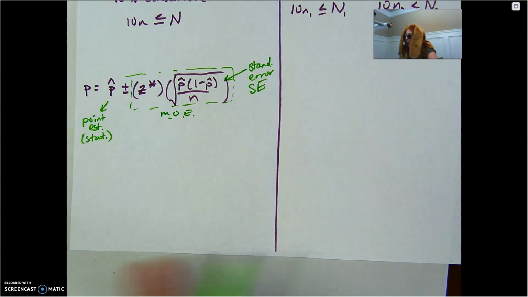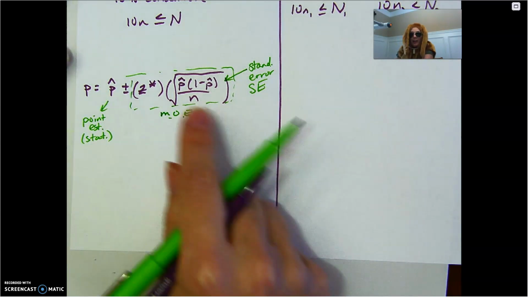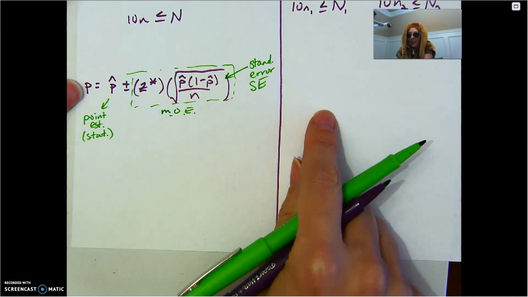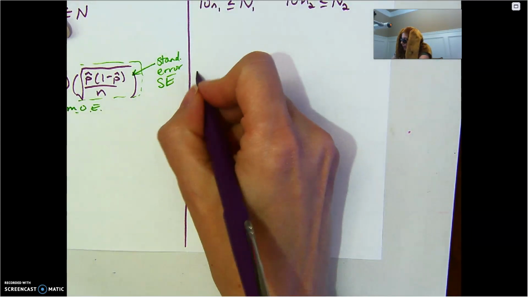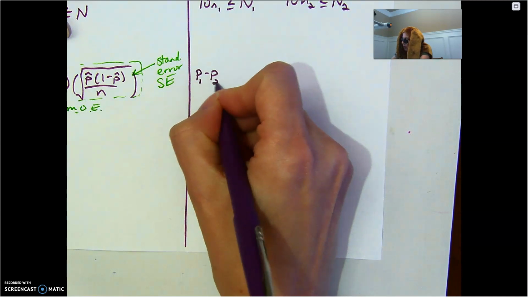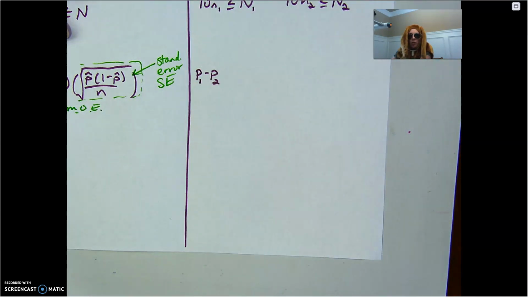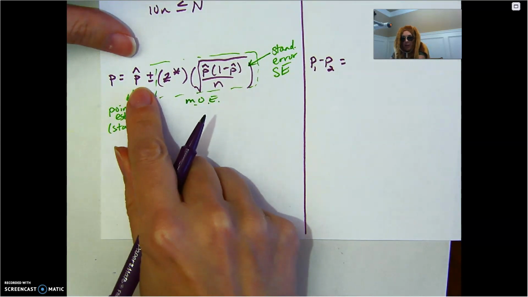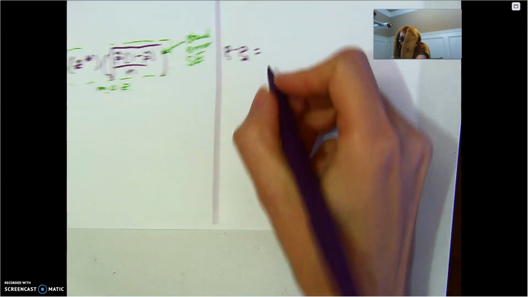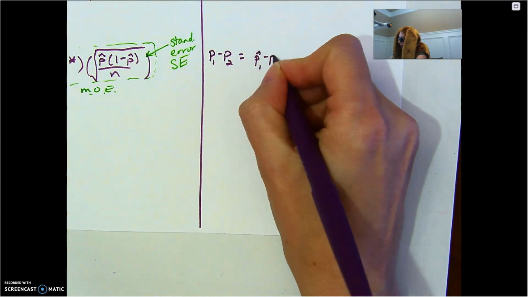So what does the new formula look like? That was yesterday, now we need today's. So today, we are comparing the difference between two groups. It starts off with p hats again, but we've got two of them. So we've got p hat 1 minus p hat 2.